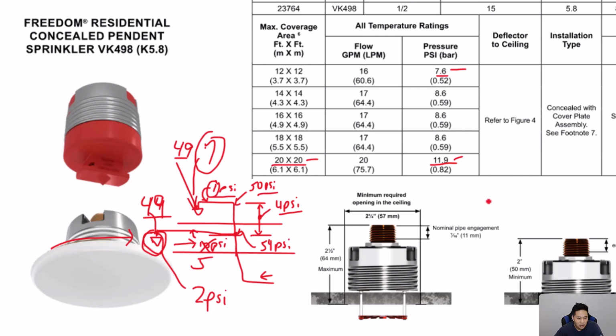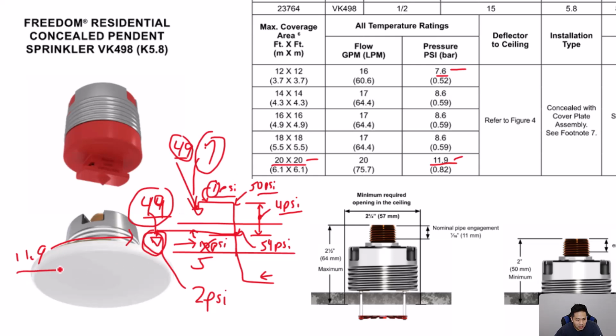So in that case, this would be the most demanding one you would use in your hydraulic calculation, because if you set this one to meet the 11.9 psi requirement and the pressure is the same, right? There's no difference in pressure in this case, showing 49, 49, but whatever psi it is, it's going to match in this system.